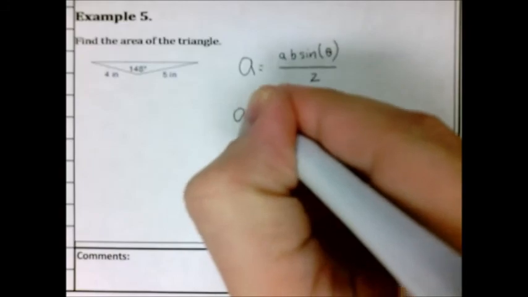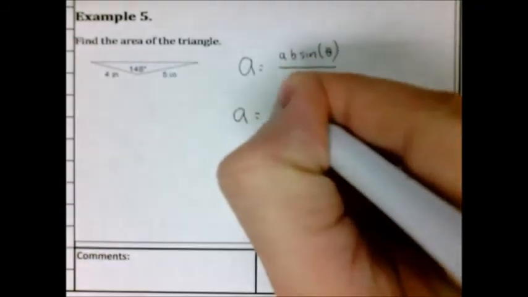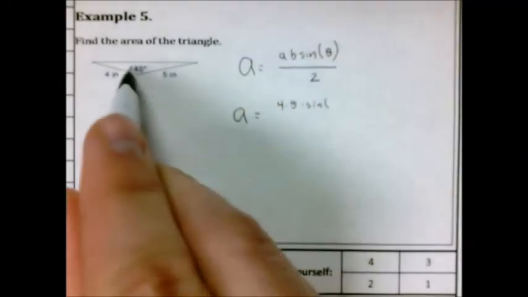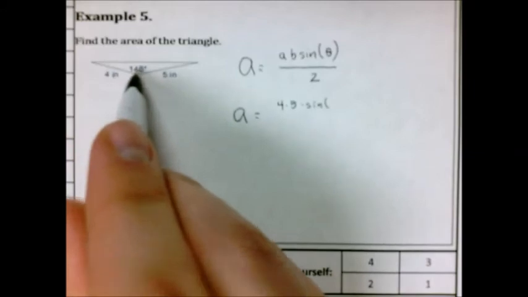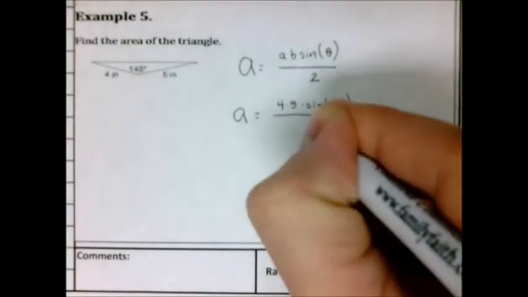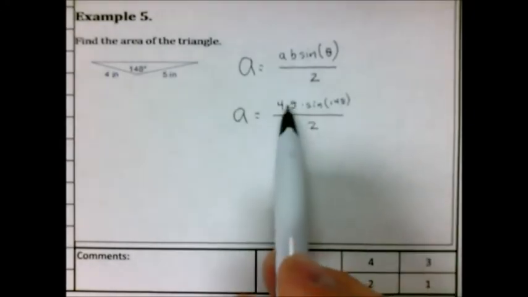Okay, so our area is going to be equal to one side times the other side, so 4 times 5 times the sine of theta, which is our angle that is formed by those two sides, which is 148, divided by 2. Okay, we could simplify it a little bit and know that that's 20.